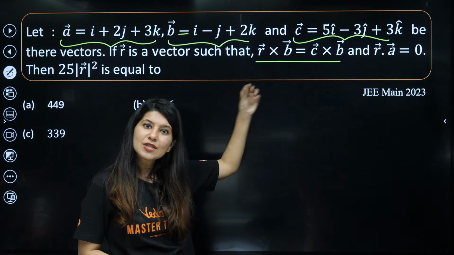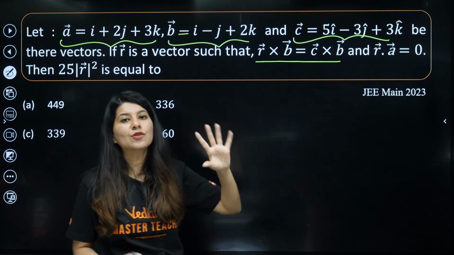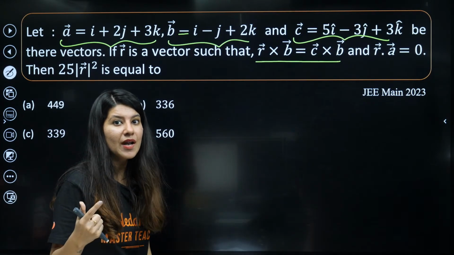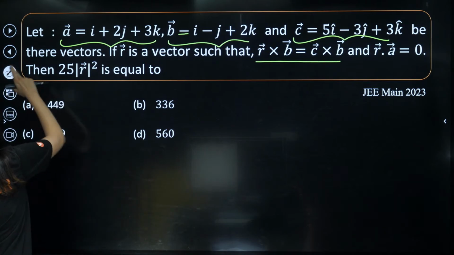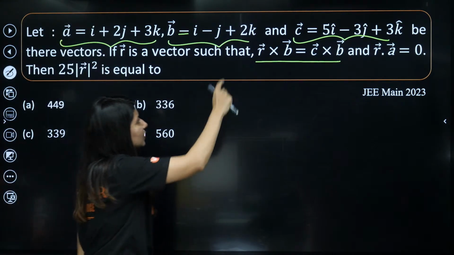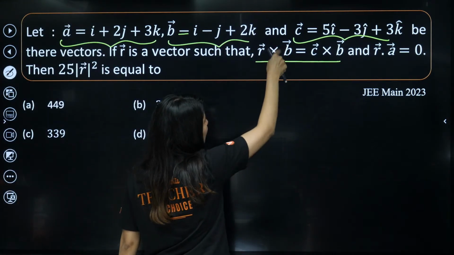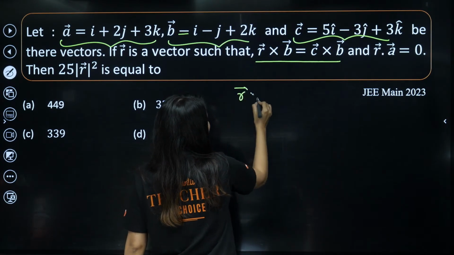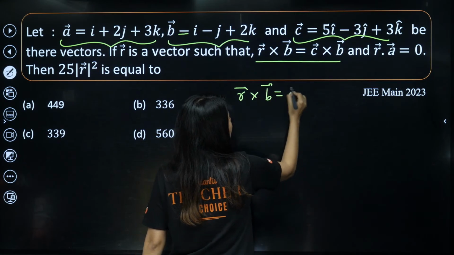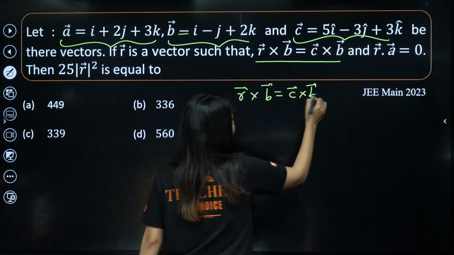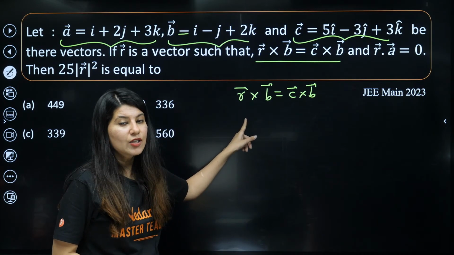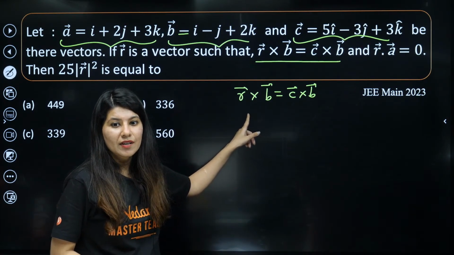All these questions are similar only. You just need to identify the type. That's how we proceed in vector algebra. Alright, now how to solve it? Just focus on this because we know how to solve it. So basically R cross B will be equal to C cross B. Have I told you this in the vector algebra theory session as well or not?